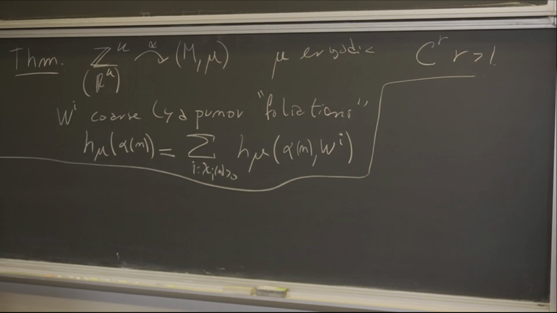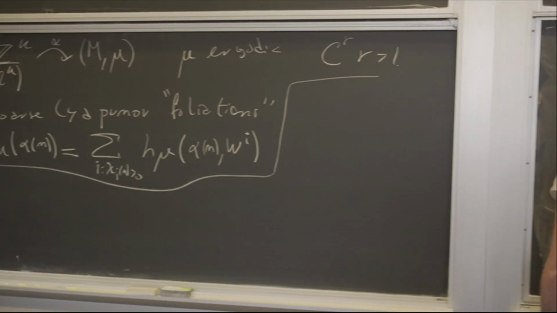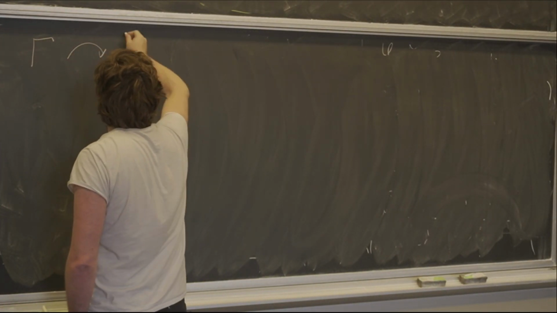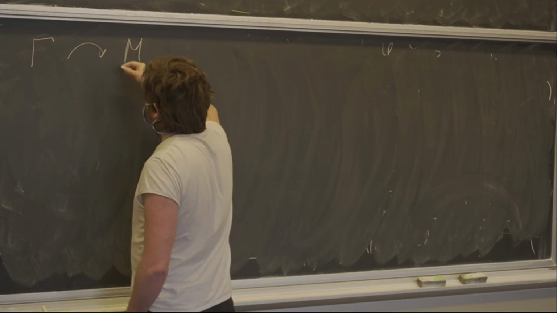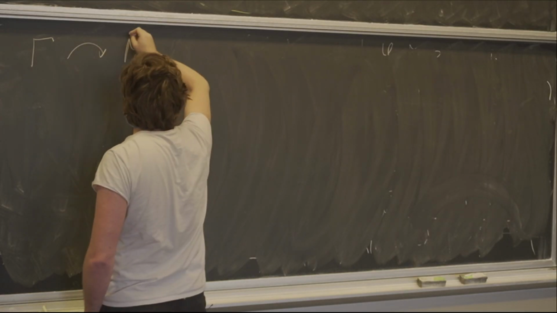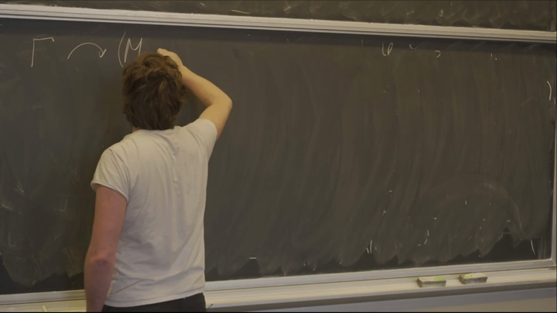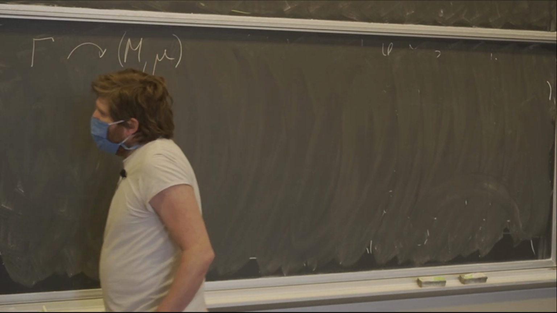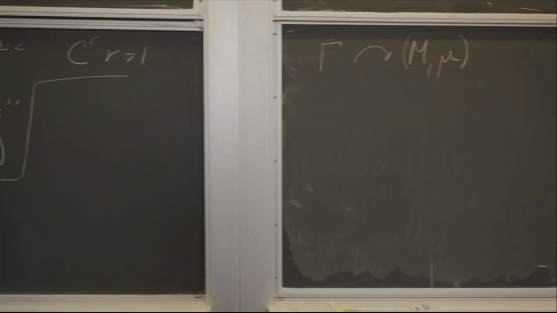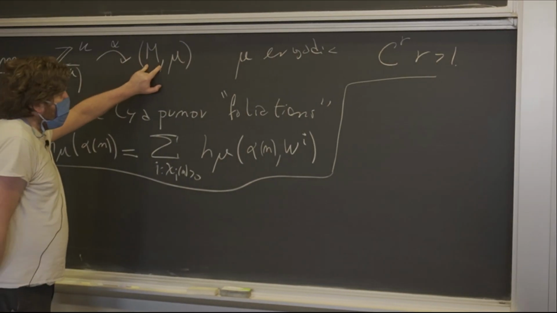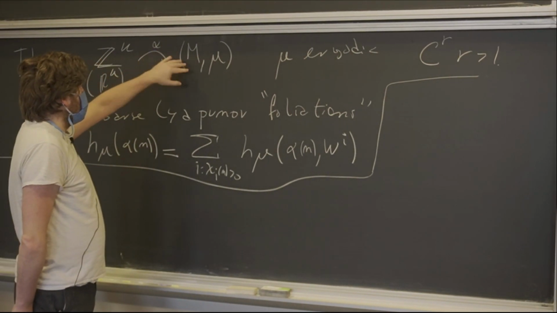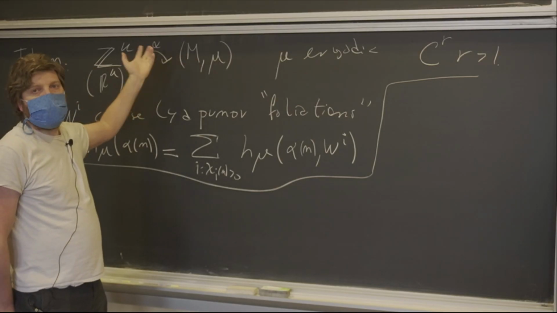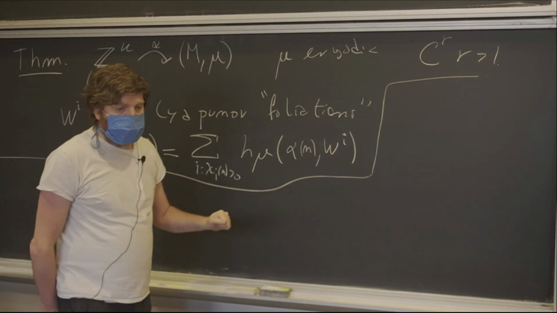So let's go back to our Gamma acting on a manifold. Maybe it's the M, but it's not the same M as there. Preserving a measure mu. Remember that I said here that M typically is compact, but actually whatever is happening here goes through even if M is not compact, assuming you have whatever integrability condition needs to be done.